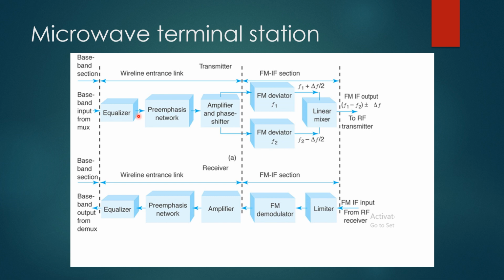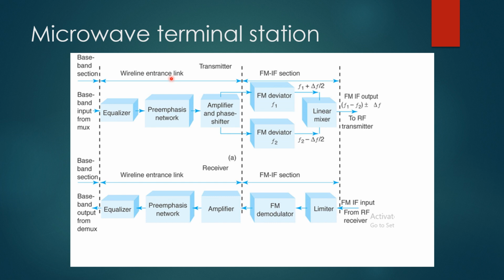When we observe these blocks, all this is for reshaping, or equalizing, or the amplifier, phase shifter, and pre-emphasis, that is for maintaining a uniform signal to noise ratio, or for reshaping of the signals.